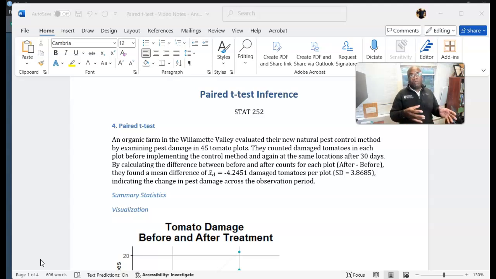So we want to make sure that we're looking at the same plot so that we can account for plot-to-plot variability. So we are associating these two groups. These two groups are dependent upon one another because we're measuring them twice so that we can see plot-to-plot variability.